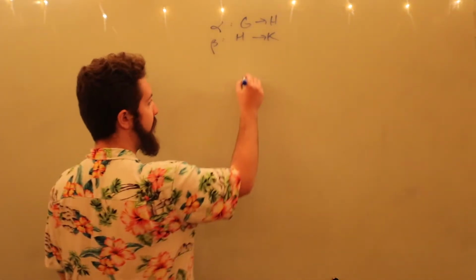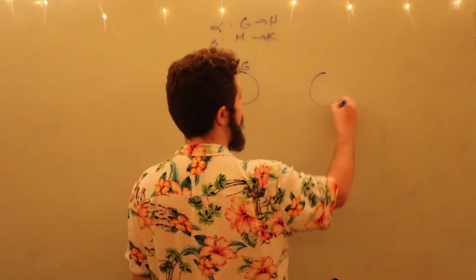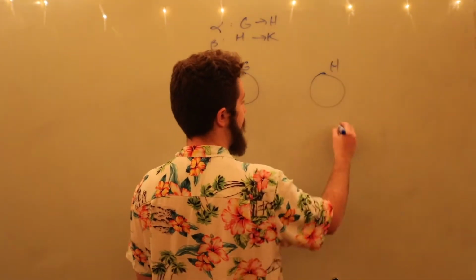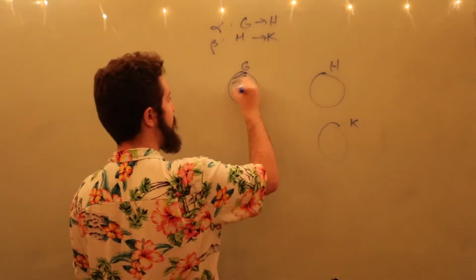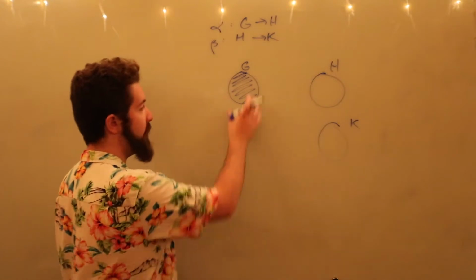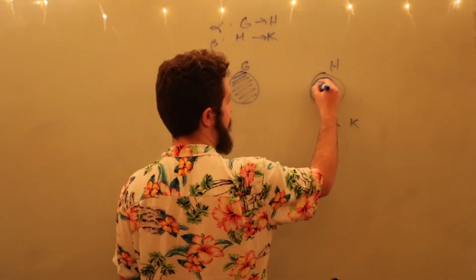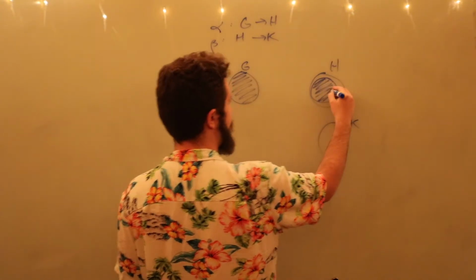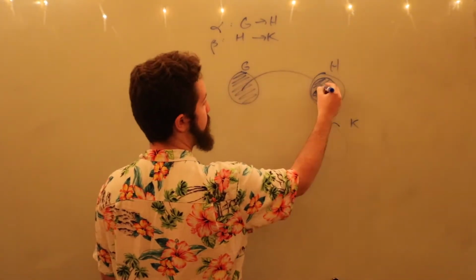Now I'm going to draw a picture for you. So here is our set G, here is our set H, and here is our set K. Now I'm assuming that for every element in G, it's going to get mapped to something in H, but not necessarily all of H. If it is all of H, then the mapping is onto, right?